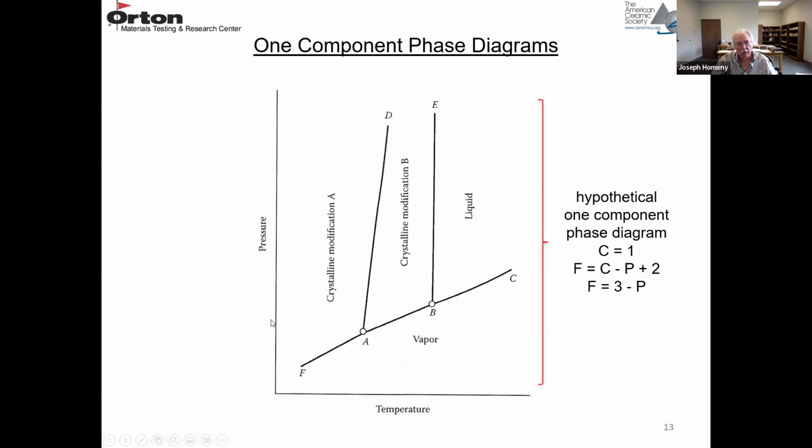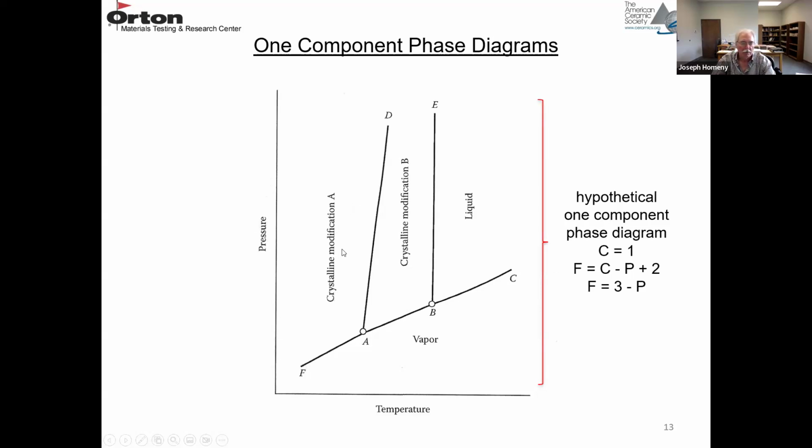So the simplest phase diagram is just a one component system. So it's going to be pressure and temperature. Pressure is on the vertical axis, temperature is on the horizontal axis. So pressure increases going upward, and from left to right, temperature increases. So this is a hypothetical one component phase diagram.